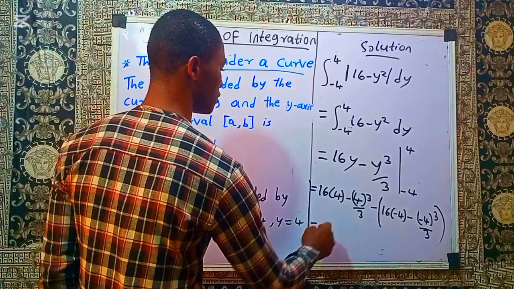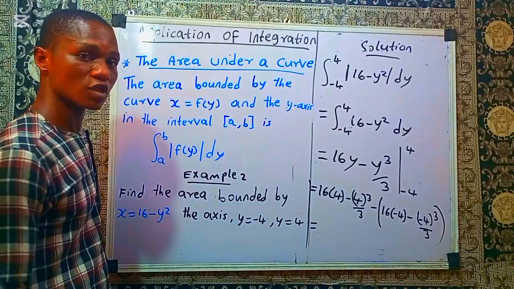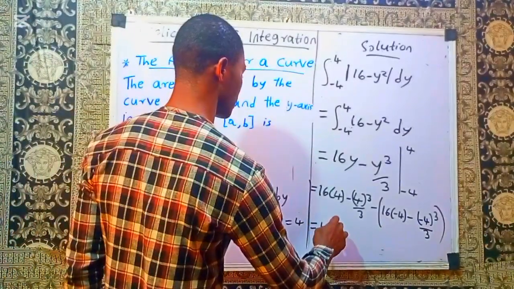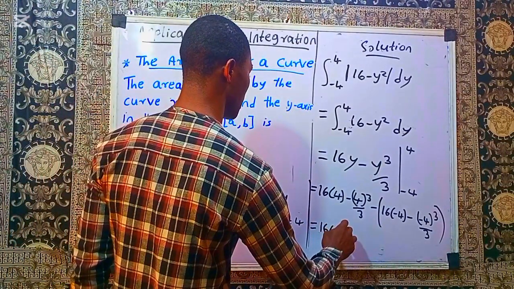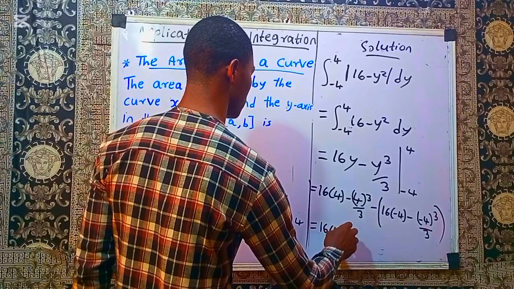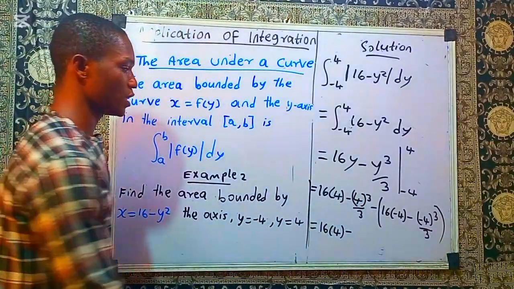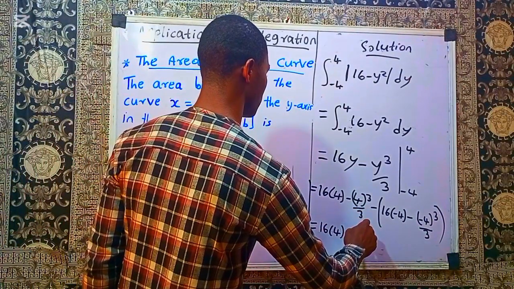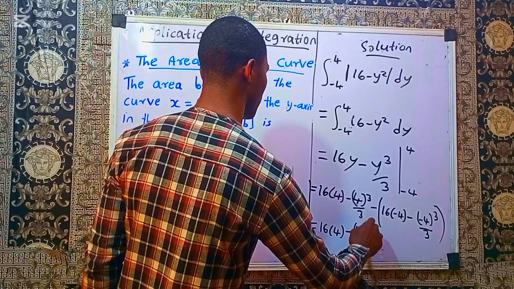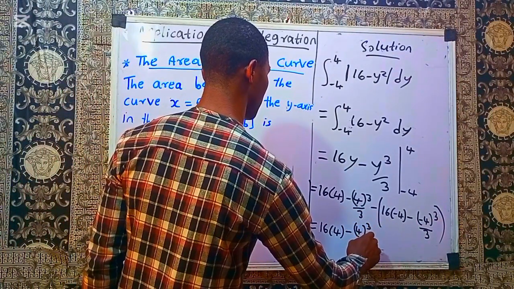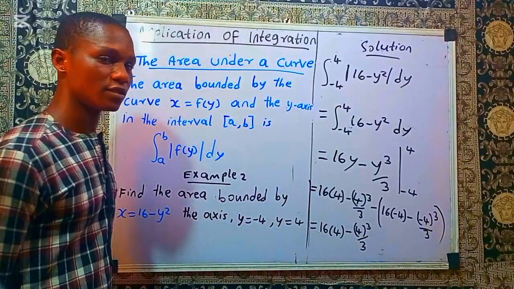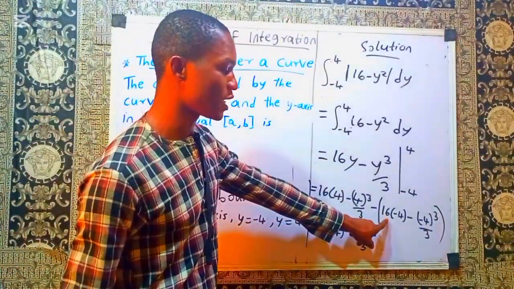So we are going to have 16 multiplied by 4 minus 4 raised to power 3 divided by 3. Then let's analyze what we have here.